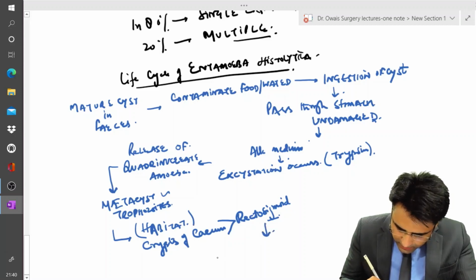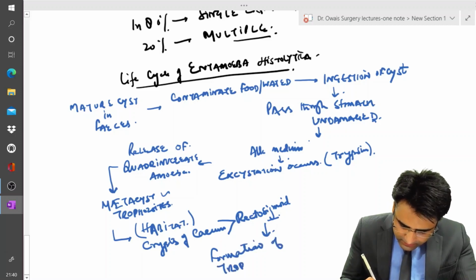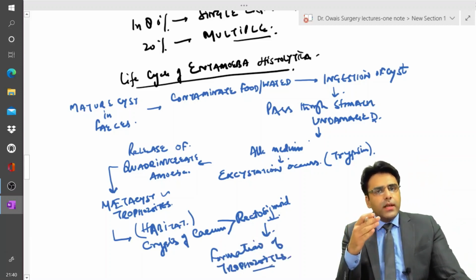They reside there and lead to formation of trophozoites. Then these trophozoites ascend with the help of the superior mesenteric or inferior mesenteric veins up to the liver.